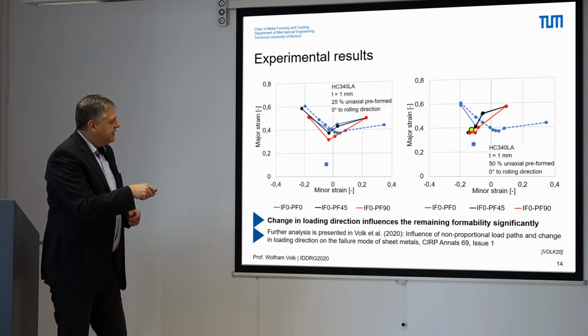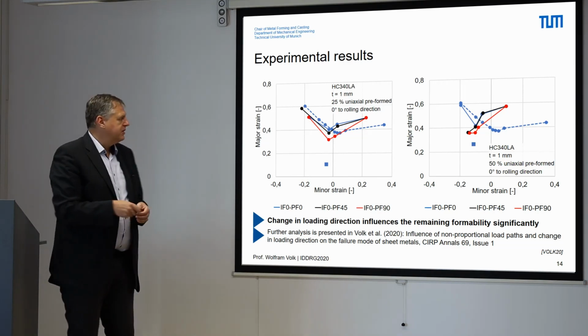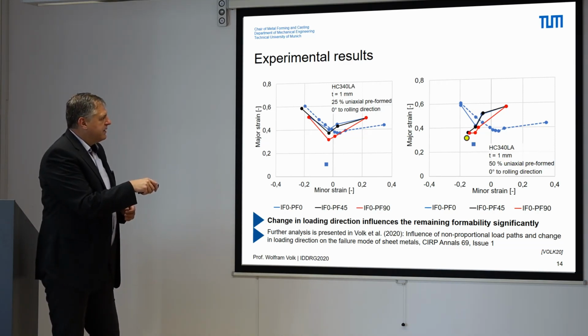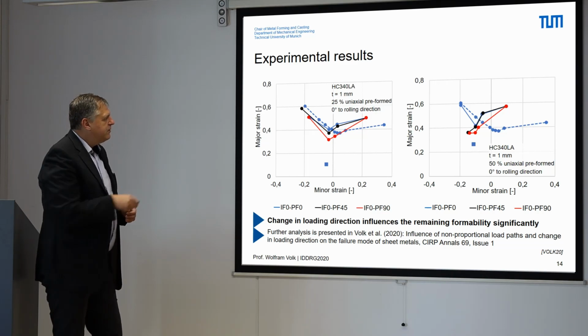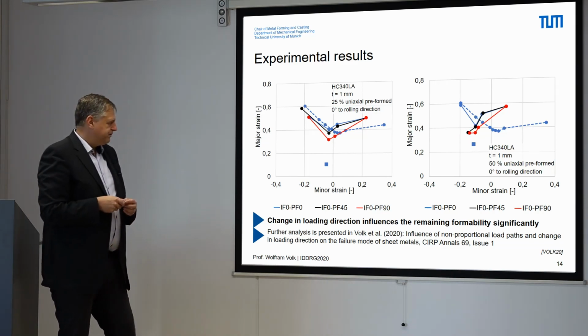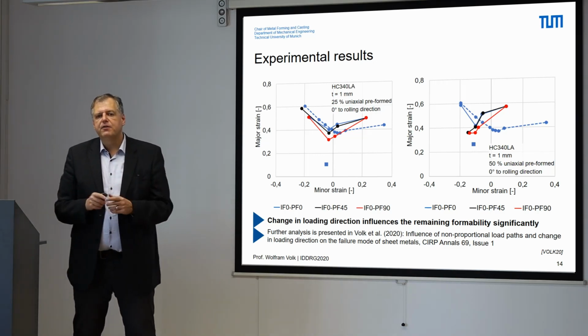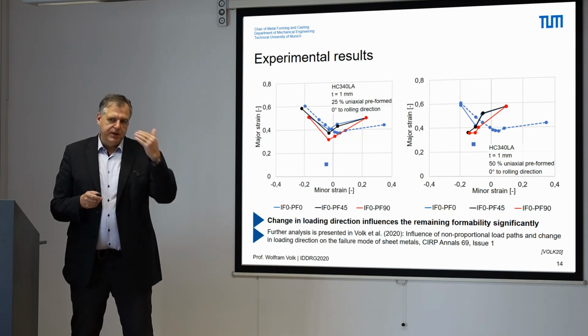And when you look at this in-between curve, 0-45, interestingly, for the combination 0 and then plane strain in 45, nearly nothing happened with respect to the 0-0 combination, but with 0-45 and both in uniaxial direction, the point is also down here. So you can see that we have two different failure modes: big influence or no influence.